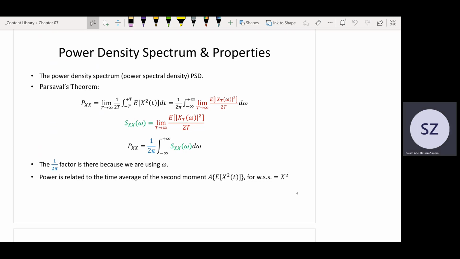Power density spectrum basically gives you very similar information like the PDF. What information do you get from there? What is that?